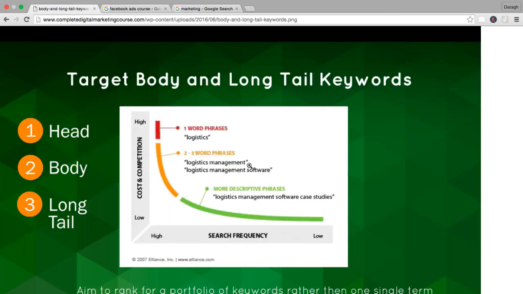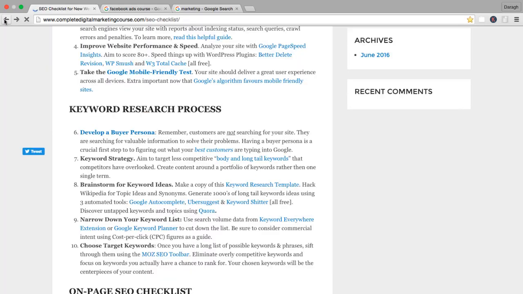So this is where I'm going to be focusing, down on these 2 to 3 word phrases or long tail keywords, and that's really what I recommend you do as well. And as well as the types of keywords that you should go after, you should aim to rank for a portfolio of keywords rather than one single term. So you're going to be creating a number of different blog posts around a lot of different terms. So think of it as a portfolio approach rather than as you're just going to be at the top of the search results for one term.